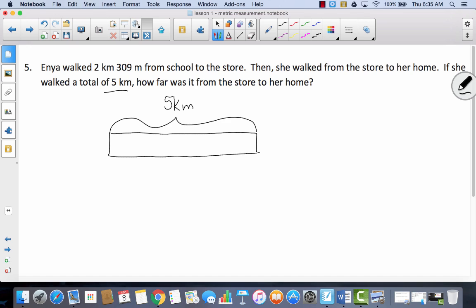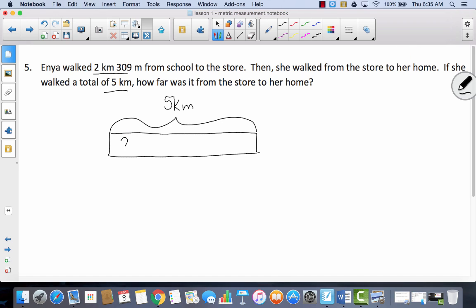How would I set up the rest of this tape diagram? I know how far she walked from school to the store, but do I know how far she walked from the store to her home? This is the missing piece. This is the unknown that we're trying to figure out.